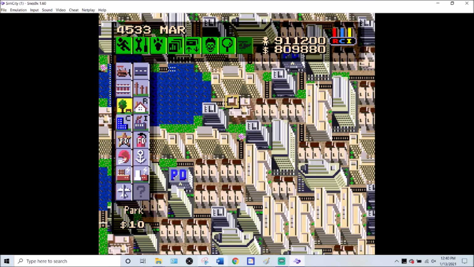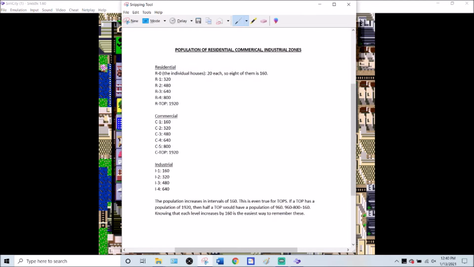Now let's go ahead and take a look at this again. And what I really want you to pay attention to now is the industrial zones. When comparing residential, commercial, and industrial, industrial zones will cap out at 640 residents when fully developed.